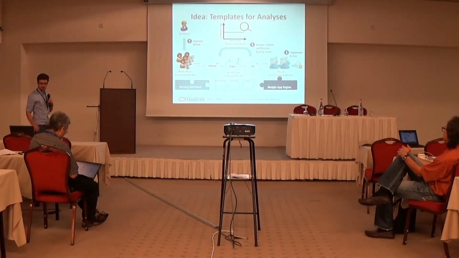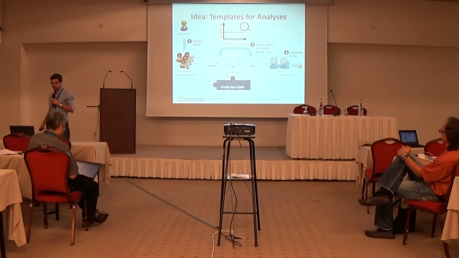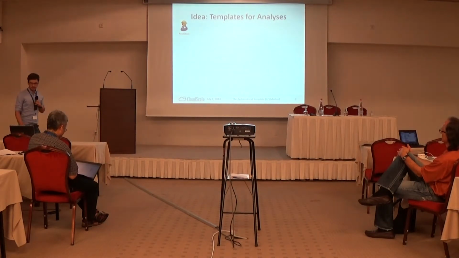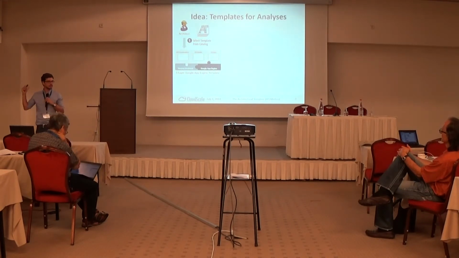So the idea is now somebody smart creates such templates, puts them inside a catalog of templates called the architecture template catalog, and then the architect is provided with this catalog. Having this catalog at hand, you can just select a template from this catalog. That's a composed template out of the previous three templates, called the three-layer Google App Engine template.